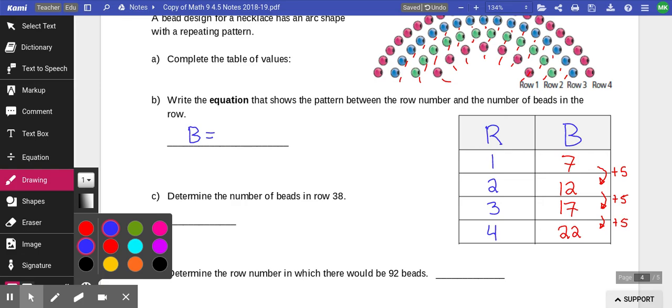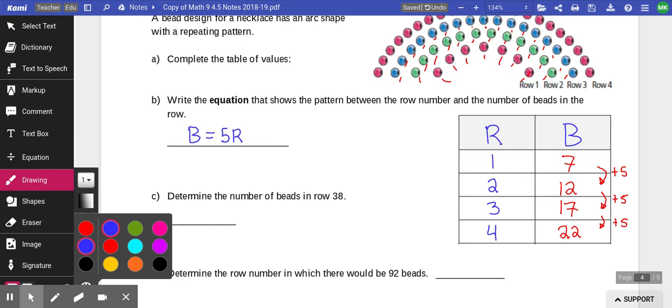5, and we're going to use letter R, right? 5R is a great start. It's 5R because the rate of change is 5. That's how much it's increasing by. And we multiply that by our other thing, which is R, our number of rows. But if you tried that, it wouldn't work, right? 5 times 1 row would be 5 beads.